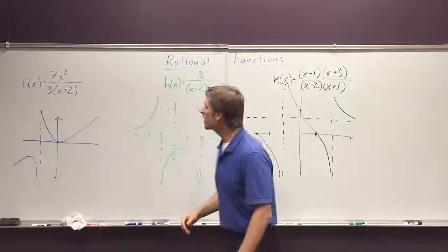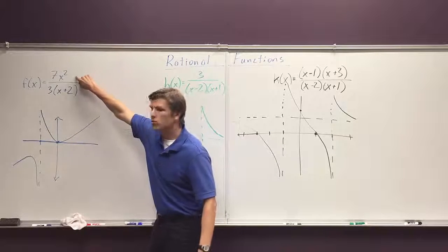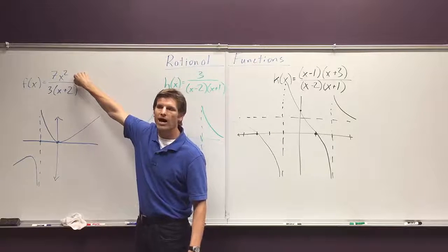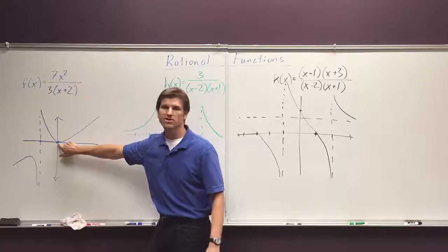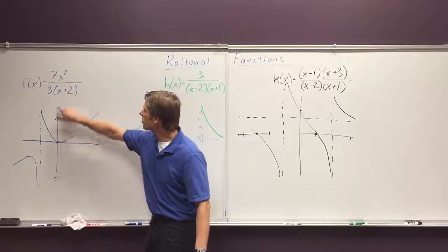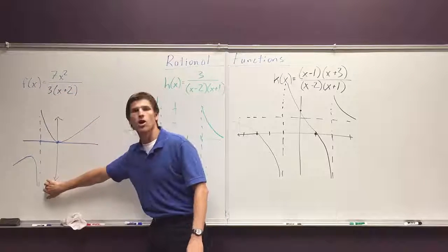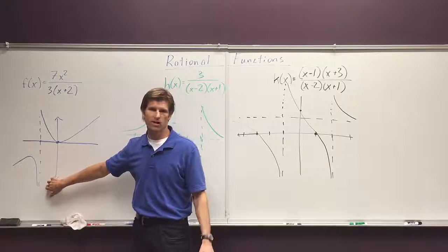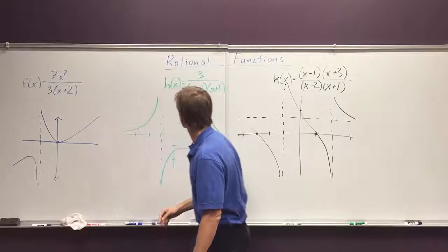So here are 3 quick rational function examples. Notice here, if you looked at the y-intercept, you'd plug in x equals 0 and you'd have that point. That's also the x-intercept. So we know that it goes through that point, but we know that we have a vertical asymptote. We don't happen to have any horizontal asymptotes, more on that in another video, but this is what the graph ends up looking like.